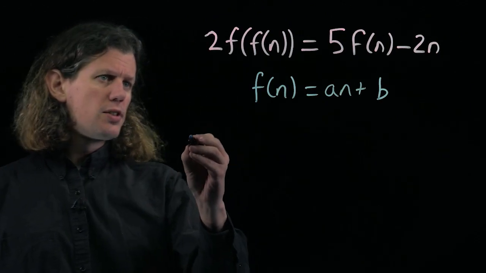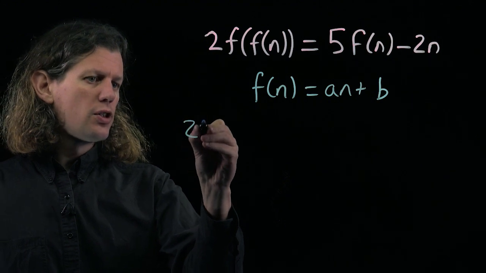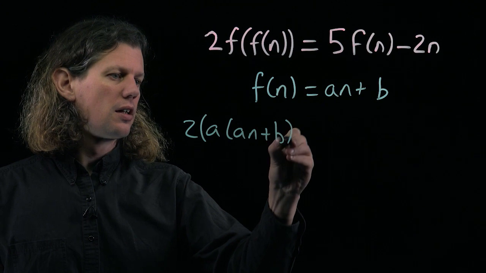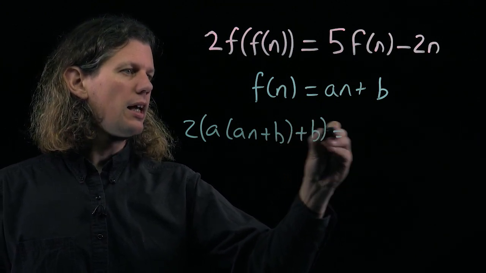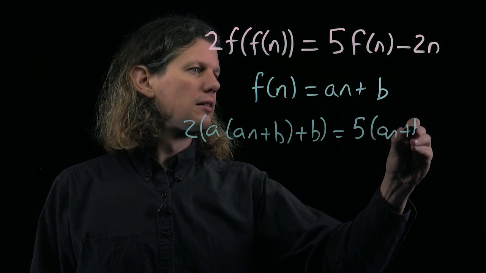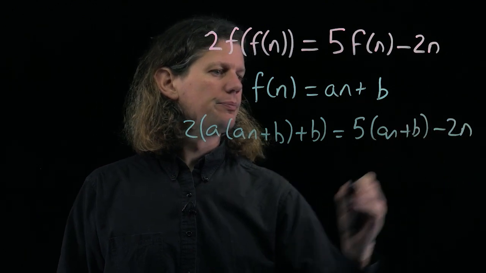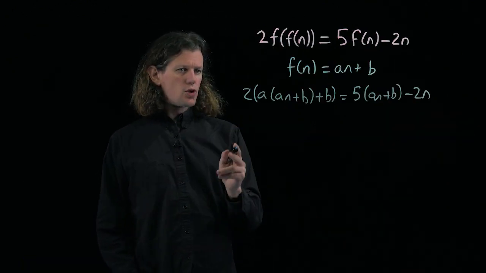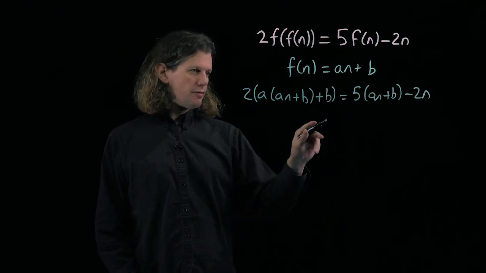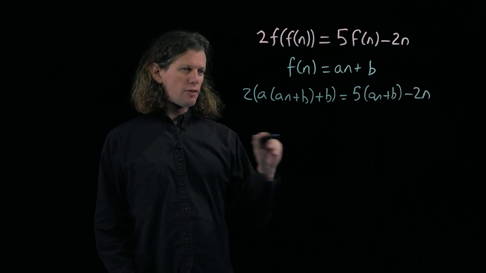Substituting in, we get 2(a(an + b) + b) = 5(an + b) - 2n. Now, if this is going to be true for all values of n, we've got an equation of linear functions, so we've got two different equations to check.